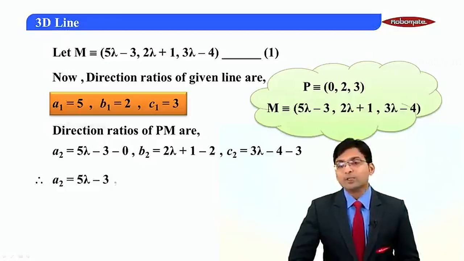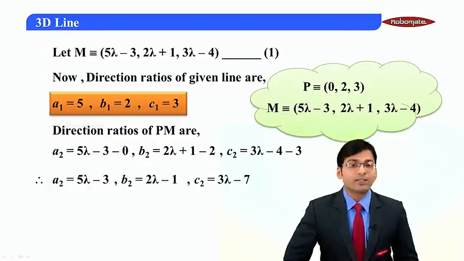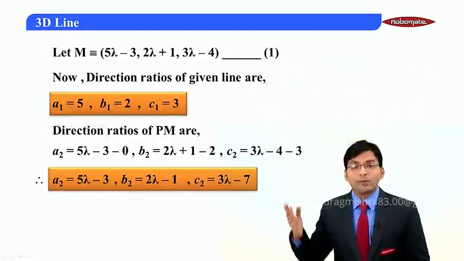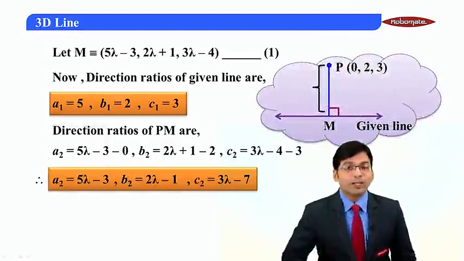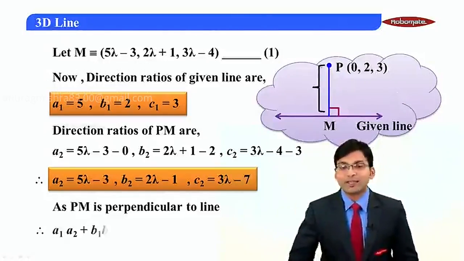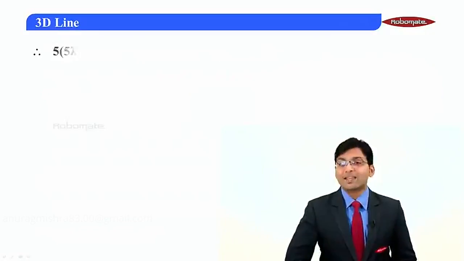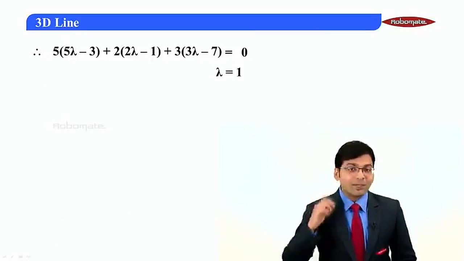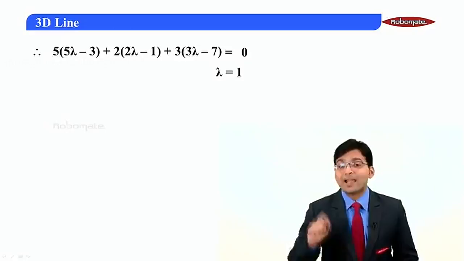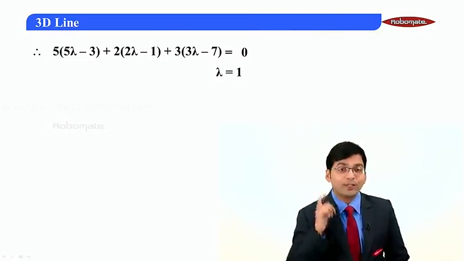They become A2 is 5 lambda minus 3, B2 is 2 lambda minus 1, and C2 is 3 lambda minus 7. Now once we have these values, we know that when two lines are perpendicular, as PM is perpendicular to the line, A1 A2 plus B1 B2 plus C1 C2 is 0. This simplified expression gives lambda equal to 1. So by solving we get lambda is 1, students.